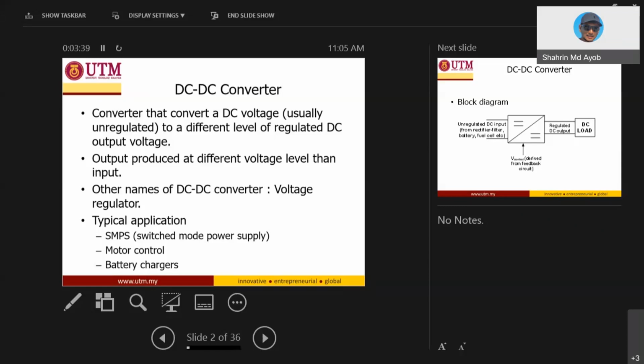For those who have gone to the power electronics lab experiment, do we have a DC power supply? The one with the knob where you can adjust the voltage is actually a switch mode power supply. That is one application of DC converters. The second application is motor control, and the last one is battery chargers. So there are a lot of applications, and this is one of the examples.